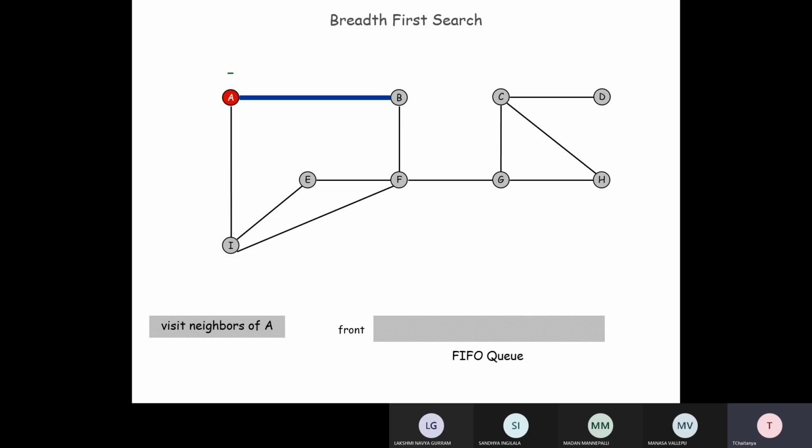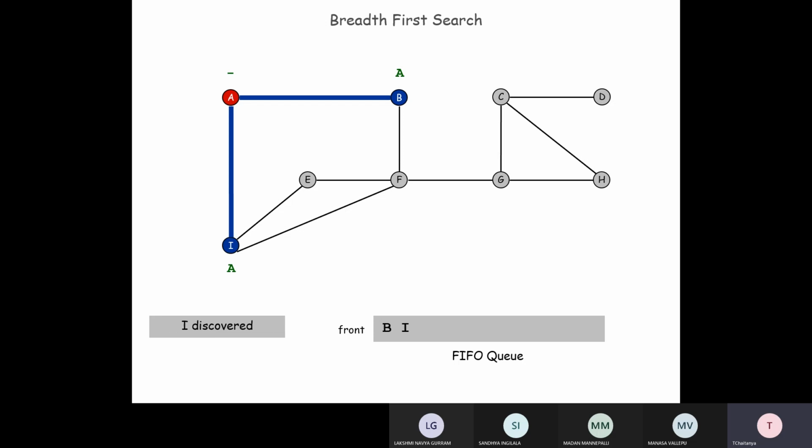From A it goes to B, and the next neighbor is I. Initially we recognize node A, and for this node we find the neighbor nodes: one is B, second is I. The immediate neighbor is B in the front line, and the second neighbor node is I. Now A moves to B.